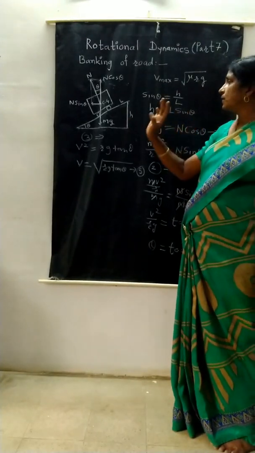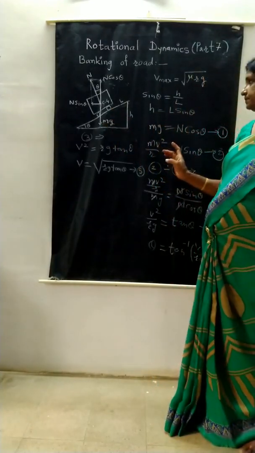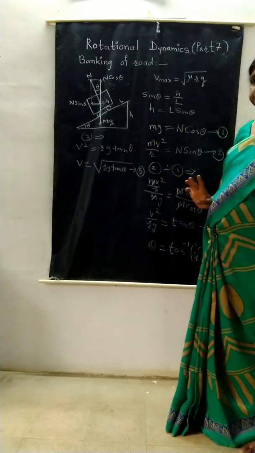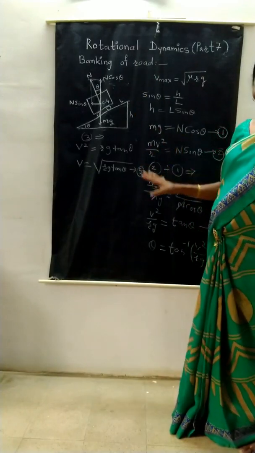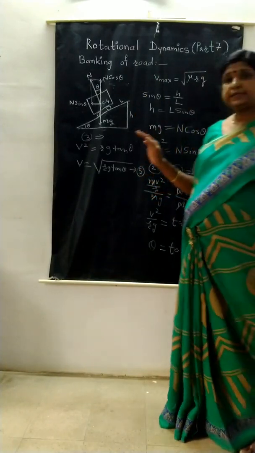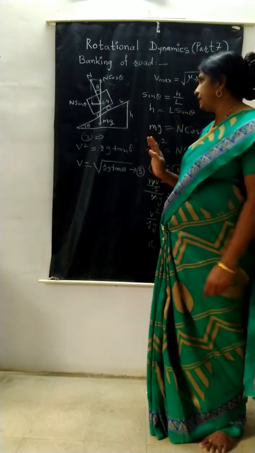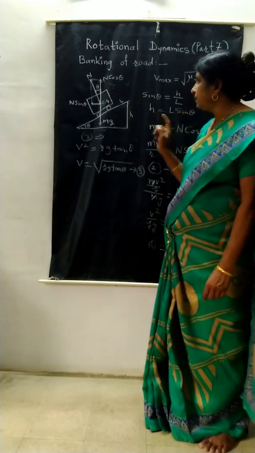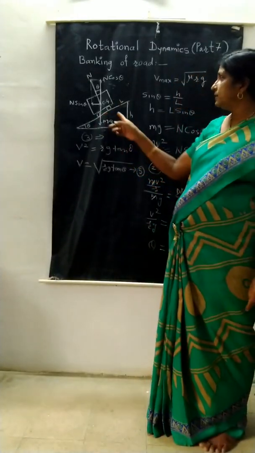Now, we are going to find out the safe speed for driving a vehicle on this banked road. While deriving the equation for the safe speed, we are considering that there is no friction and no air resistance. What are the different forces then acting on the vehicle?